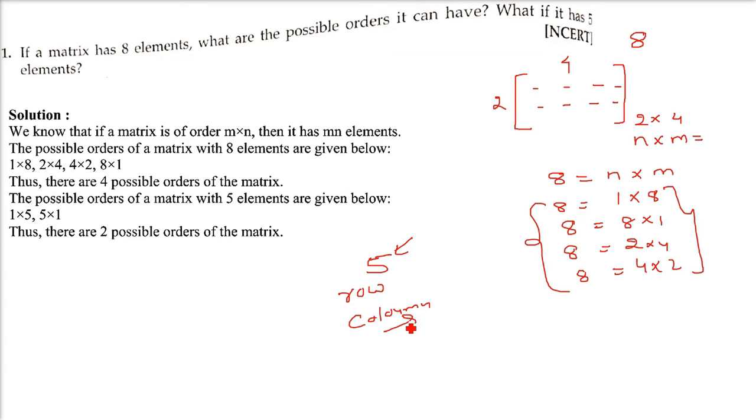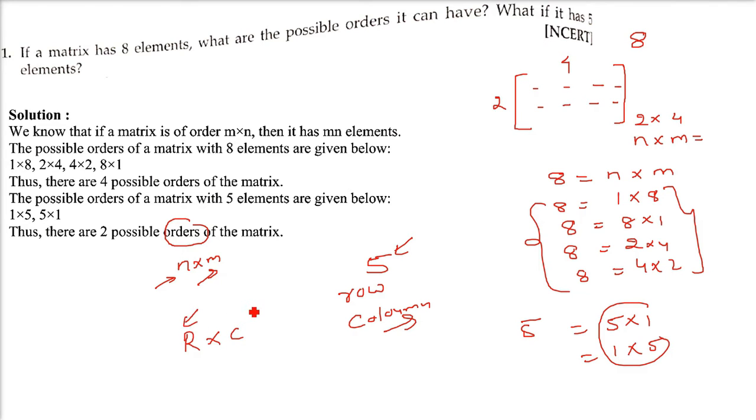That is 5 into 1 and 1 into 5 are the only combinations. Both ways you get 5. So 2 possible orders of the matrix. Orders, dimension, n cross m, row cross column.